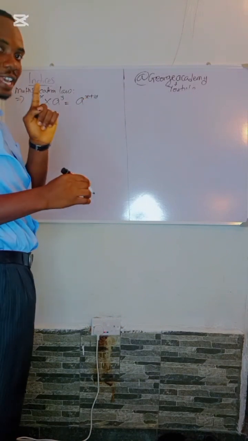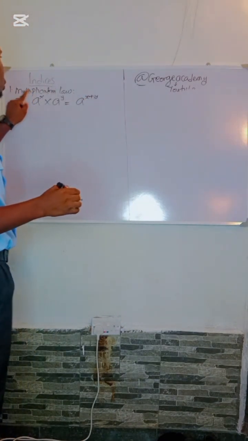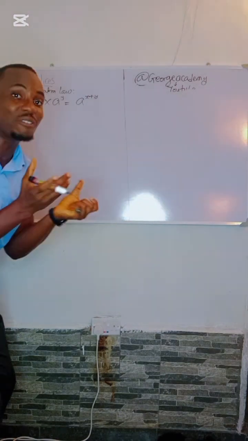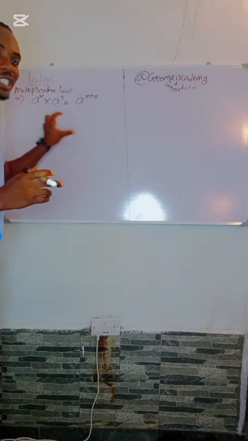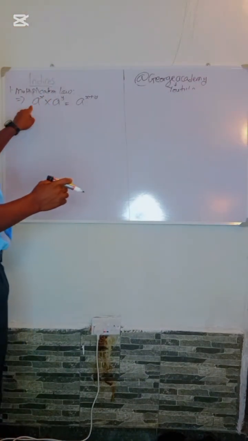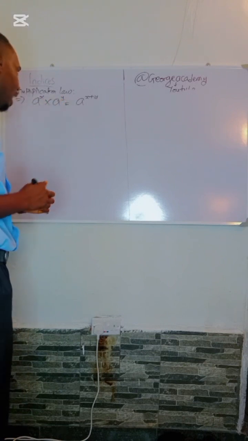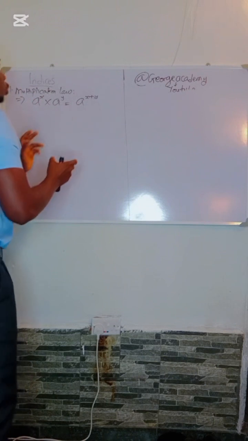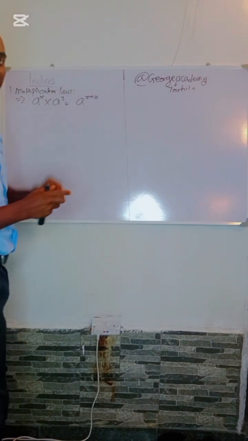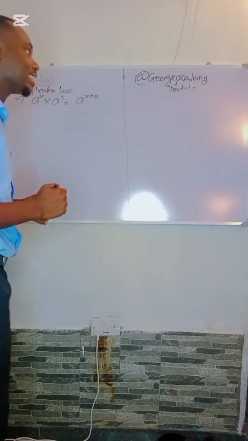Please remember what I said: in the multiplication law of indices, they must have the same base for this law to be effective. So when you have the same base and you multiply them, the result will be one of the base, and you add their powers.